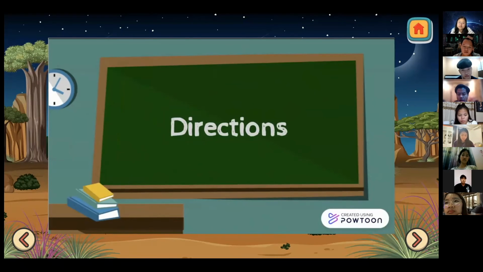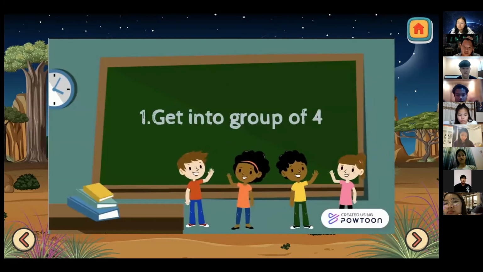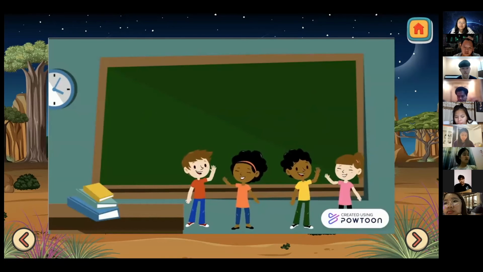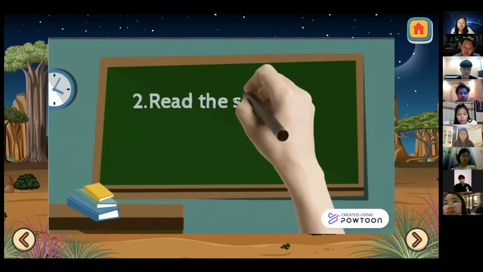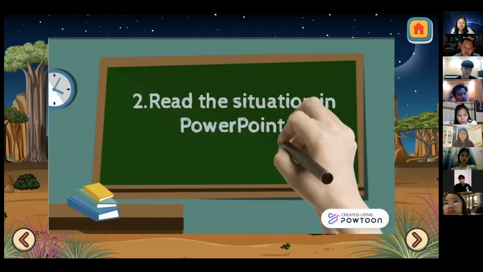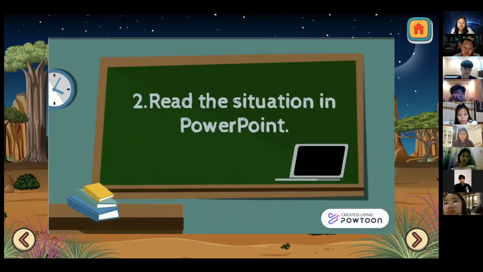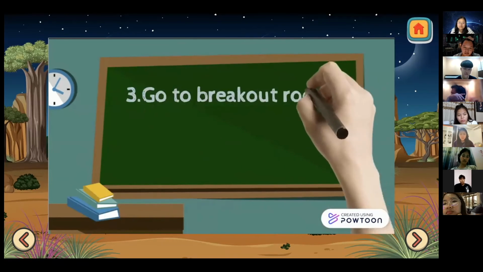Cognition. Let's freeze. Directions. 1. Get into a group of 4. 2. Read the situation in PowerPoint. 3.